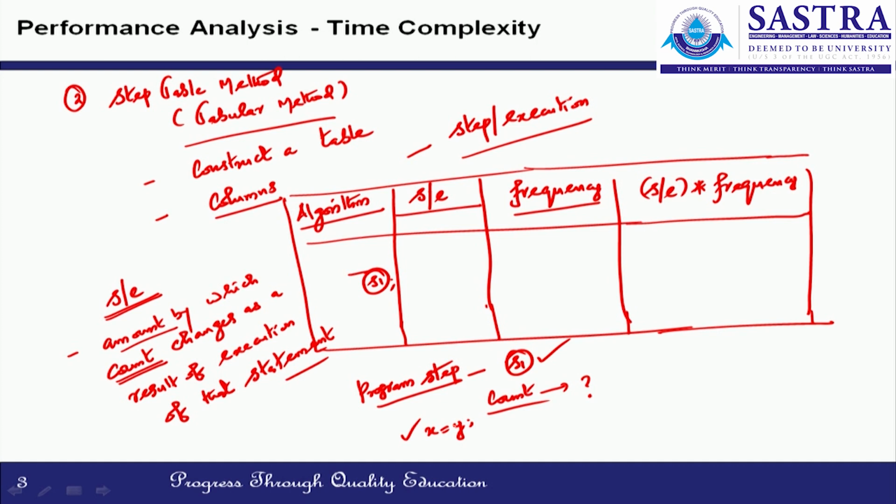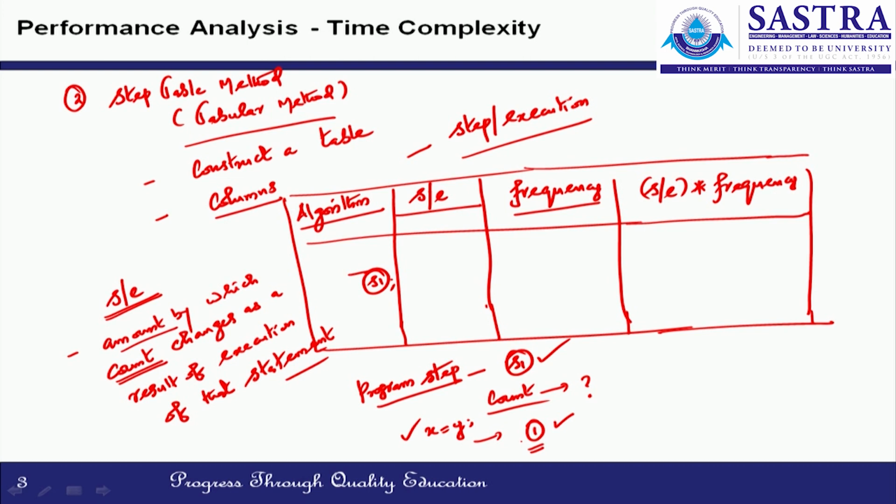The simple assignment statement x is equal to y, execution takes one time execution. So, count is incremented by 1, count is equal to count plus 1, one time increment. So, step per execution is the value 1. 1 indicates that count will get incremented by 1 because of the execution of x is equal to y.